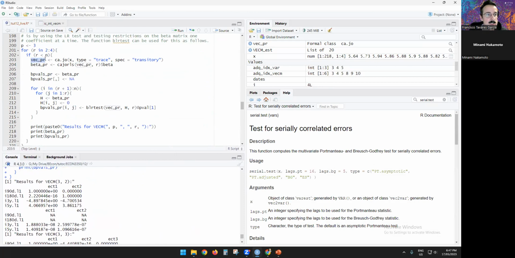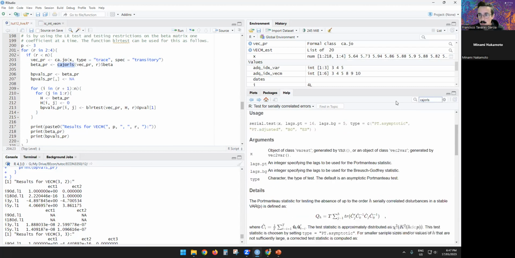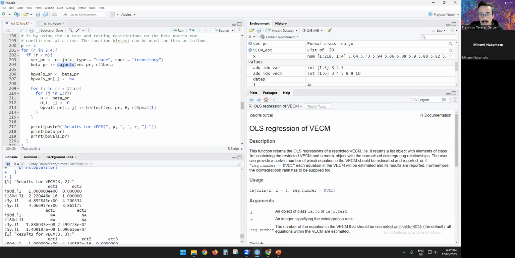So first, we're doing a VEC PR, where we're taking this specification transitory from the Johansen test trace, putting in VEC PR. Then we're getting this beta, using this other function, the OLS regression of the VECM, and we're taking the beta and saving it in here.